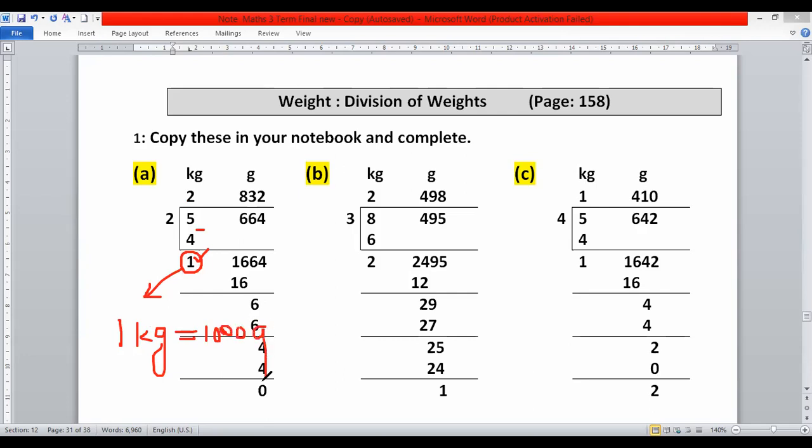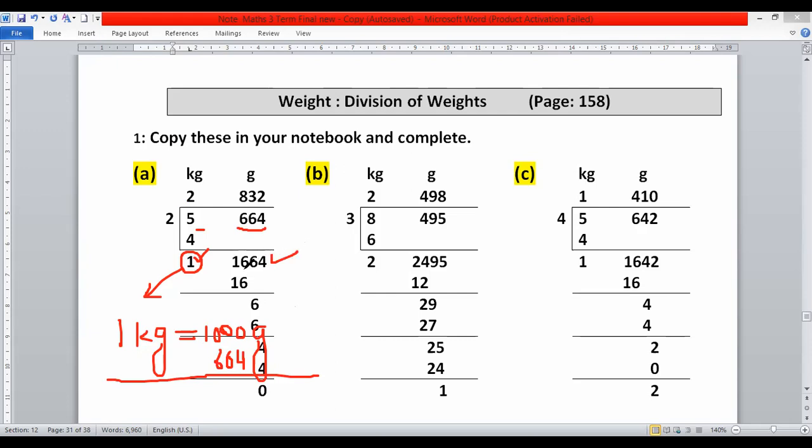1000 gram. And dear students, first we convert 1 kilogram into gram, and then we add it with these grams. These grams are 664. So add all of them, and then consider this as the new number.